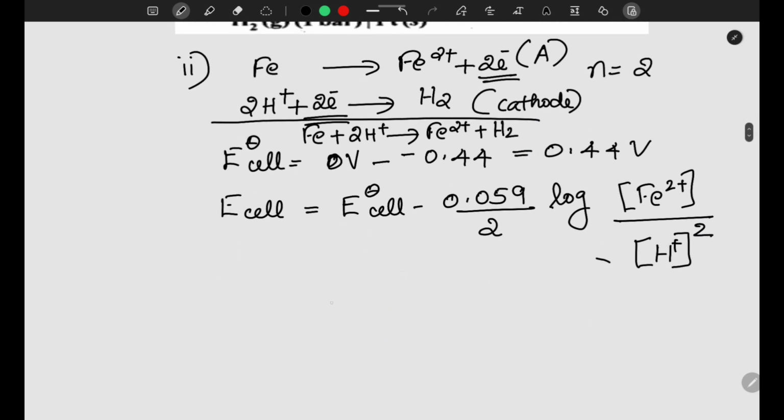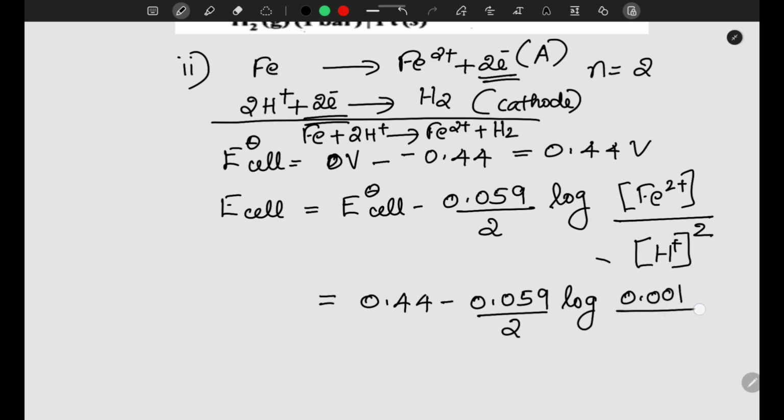Now we have calculated E naught cell, that is equal to 0.44 volt minus 0.059 by 2 log concentration of Fe2+ is given as 0.001 and concentration of H+ is given as 1 molar. So 1 square is equal to 1.